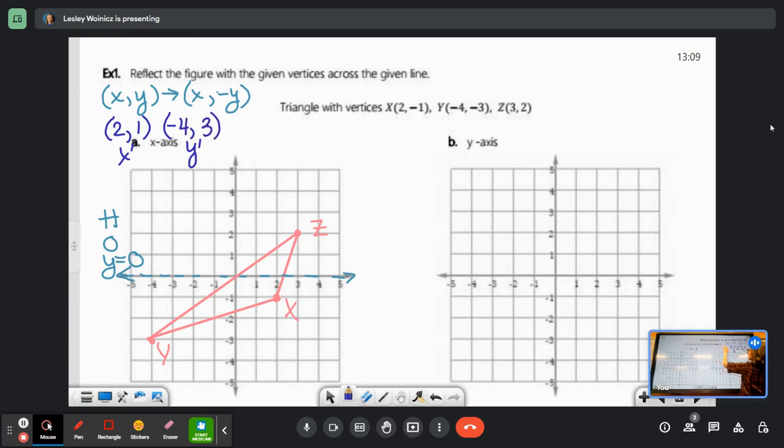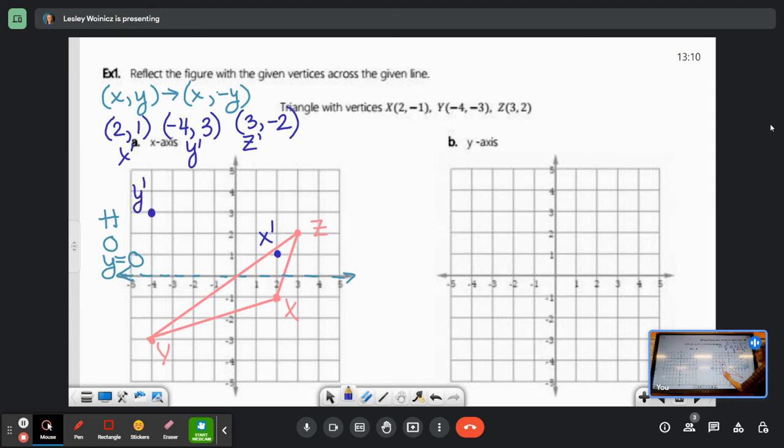For my Z prime, I'll keep the 3, change the sign on the 2. So X prime will be up here at 2, 1. Y prime will be at negative 4, positive 3 instead of negative 3.